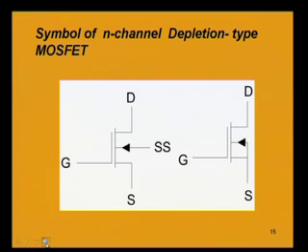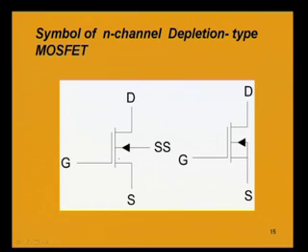Now, the symbol for the N channel depletion type MOSFET is shown here, showing the gate having a gap with the body of the device, signifying the insulating material, as was present in the earlier example that we saw in enhancement type MOSFET.